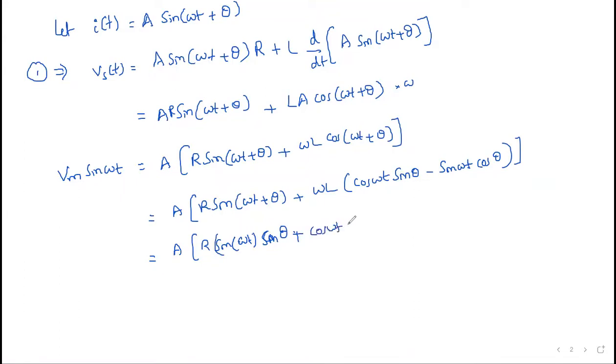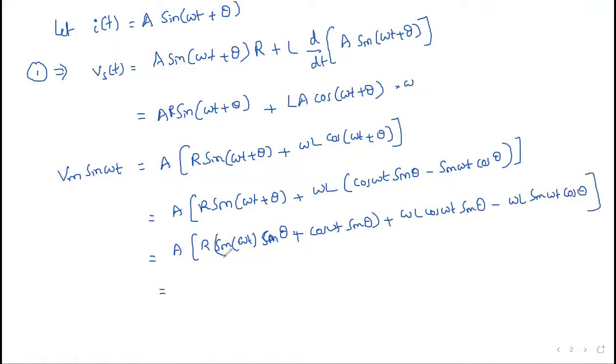Then plus omega L, I will multiply this: omega L into cos of omega t sin theta minus omega L into sin omega t cos theta.